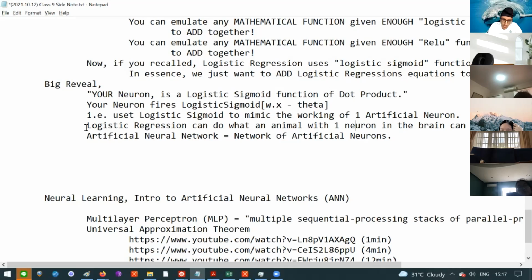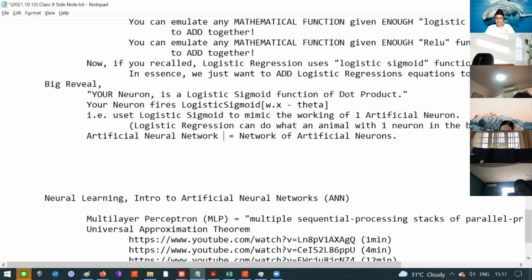The side comment is such. Artificial neural networks is a network of artificial neurons.